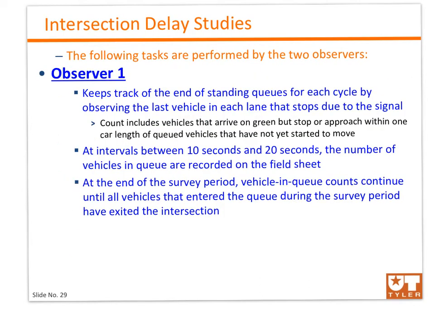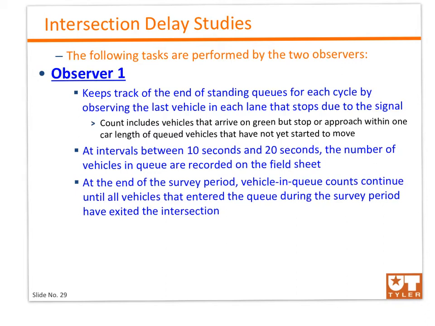So looks like we have two observers. So now let's look into the tasks for these two observers. The first, observer number 1, needs to keep track of the end of standing queues for each cycle by observing the last vehicle in each lane that stops due to the signal.